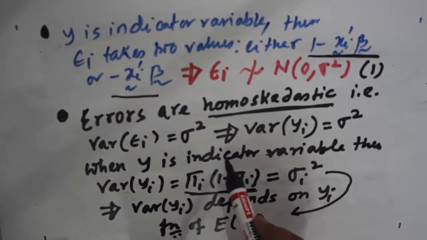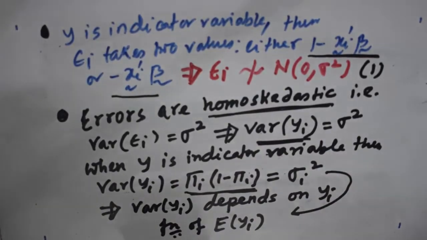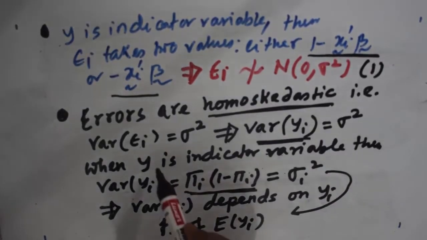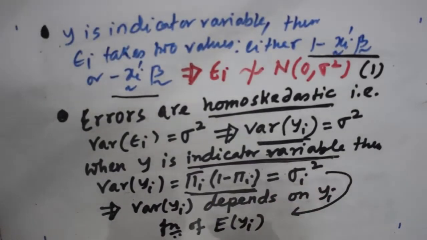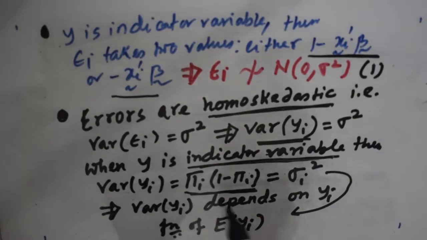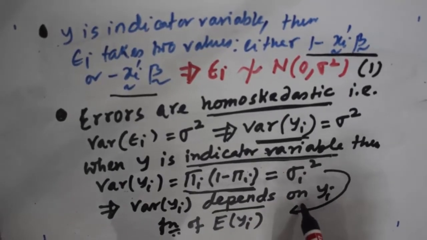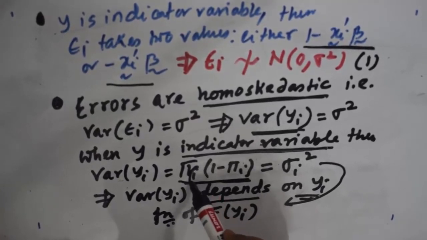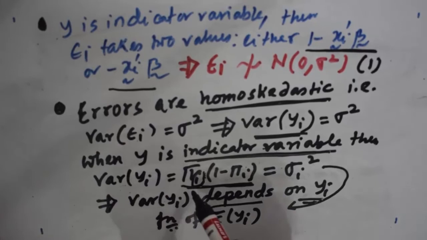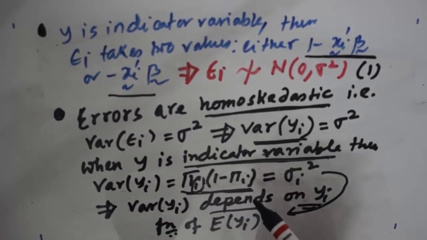So this implies variance of yi equal to sigma square, but when y is an indicator variable, then variance of yi equal to pi i into 1 minus pi i, which depends on the index i. So variance of y1 is pi 1 into 1 minus pi 1, variance of y2 equal to pi 2 into 1 minus pi 2.